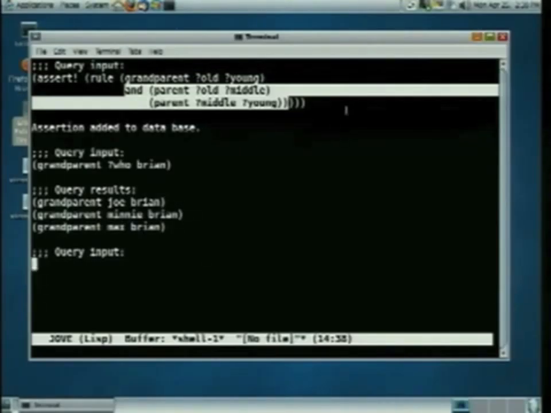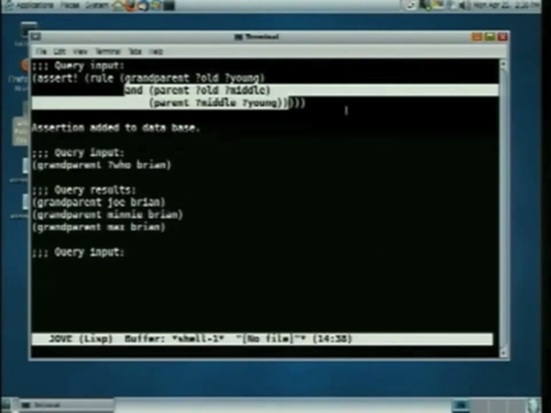Okay? So now we look for parent ?old ?middle. Since we haven't yet constrained either old or middle, we're seeing middle here for the first time. Every single parent assertion in the database will match that first parent clause in the and. It's just parent, variable, variable, and every single one matches. So, you know, parent, Tessa, Bob, matches.